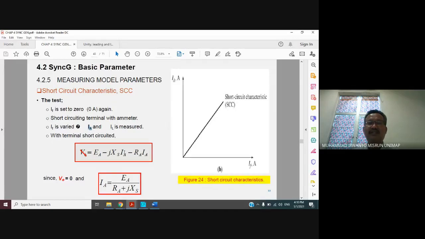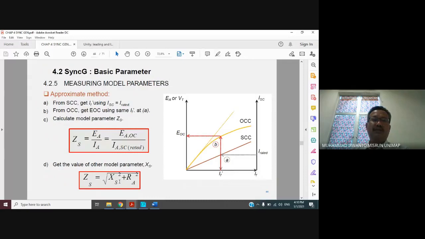For the short circuit test, phase voltage is zero. So we can find the value of XS. Remember this one? We can find the value of XS here, or the value of XS can be obtained from here also.